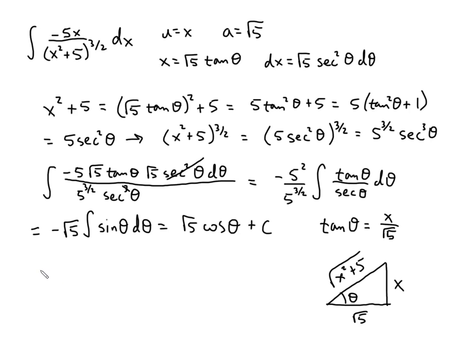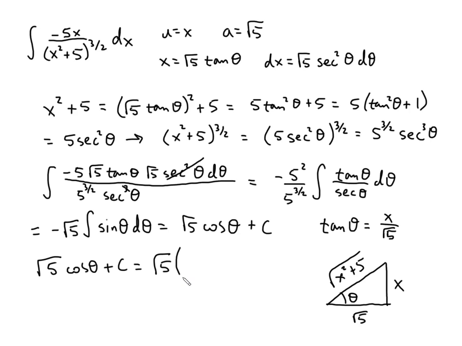So what we need to do now is change this root 5 cosine theta into something else in terms of x. Well, what is it going to be? We have to look at the theta. What's the cosine? It's adjacent over hypotenuse.